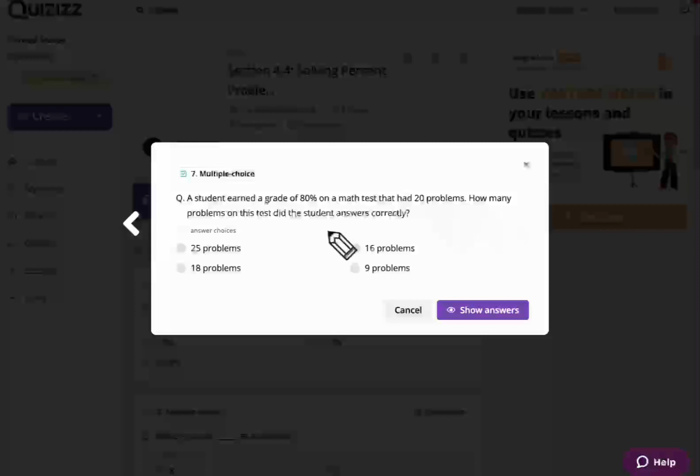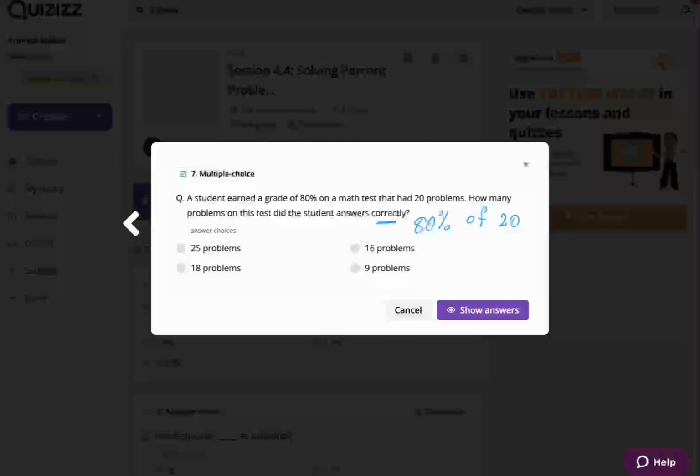How many problems on the test did the student answer correctly? So, to find the number of the correct answers, we should find 80% of 20.